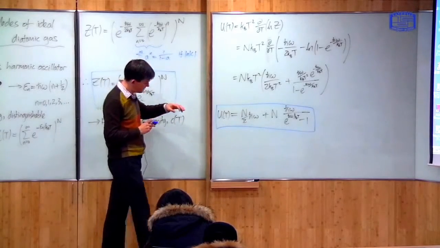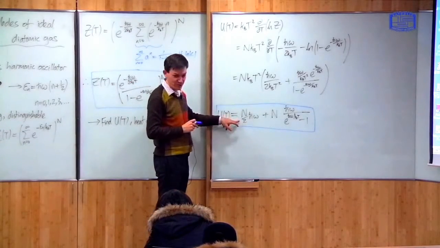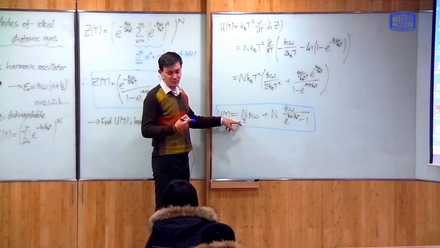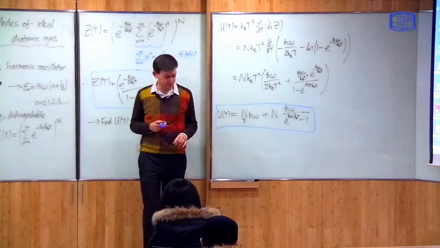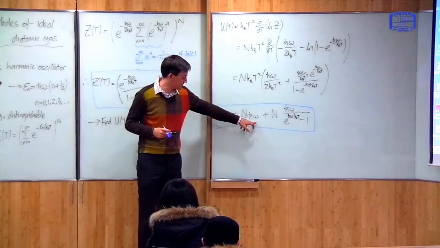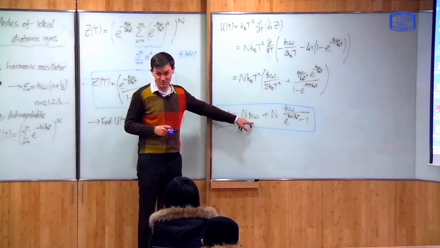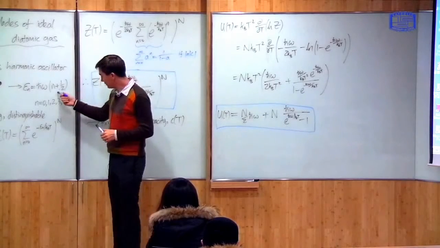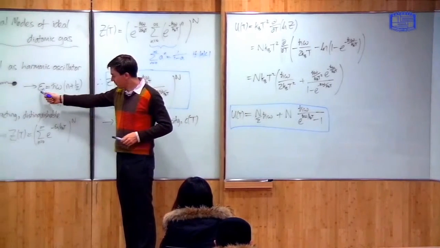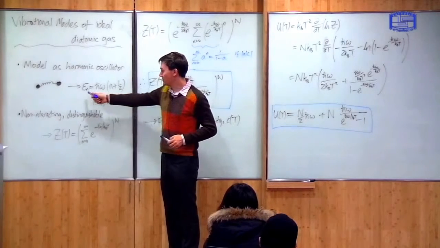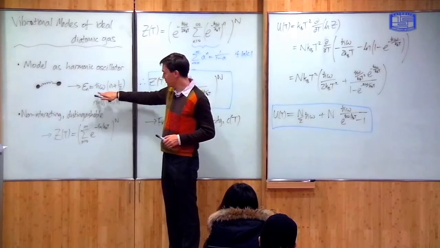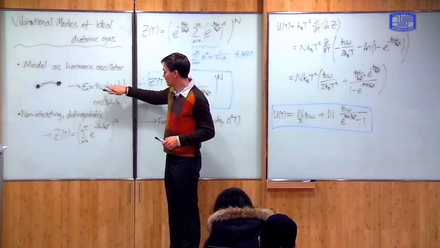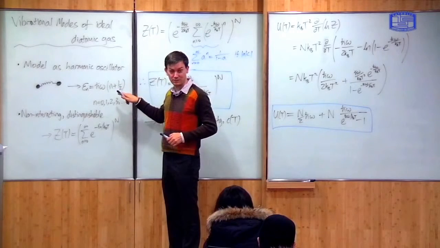Now the first term here, N over 2 h bar omega, has a simple interpretation. What is it? You see this is a constant, right? It doesn't depend upon temperature. It's a constant shift in the energy. And where it comes from is here. The ground state energy of the particle is not 0, but a half times h bar omega.